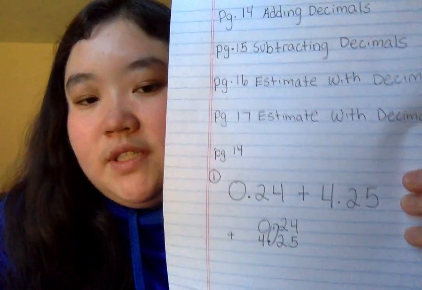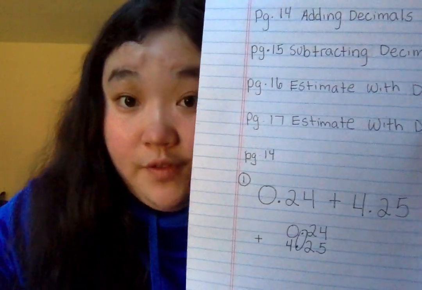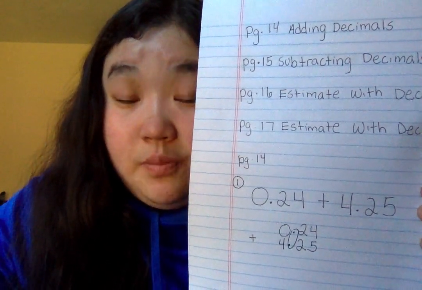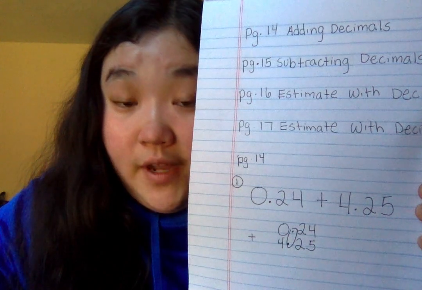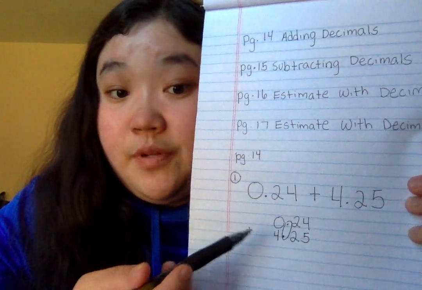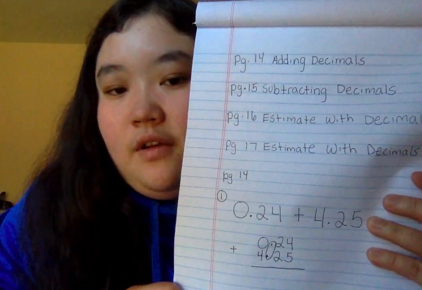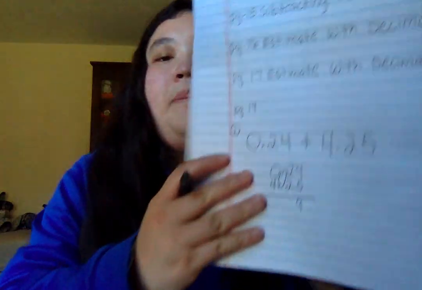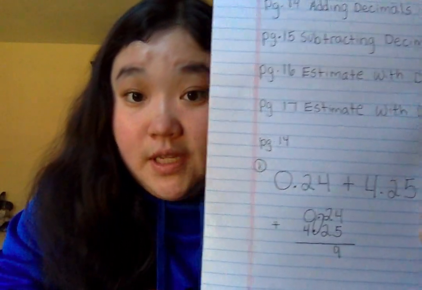The reason we want to line up these decimals is that once we find the sum, all we have to do to put the decimal in the final answer is bring the decimal down. We just add this up the normal way. 5 plus 4 is going to give me 9, so I put the 9 down. 2 plus 2 is going to give me 4.